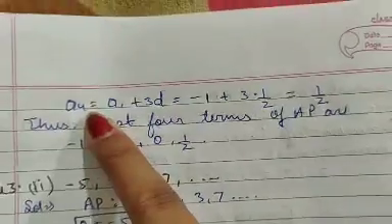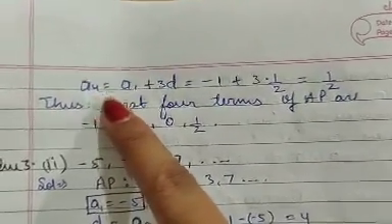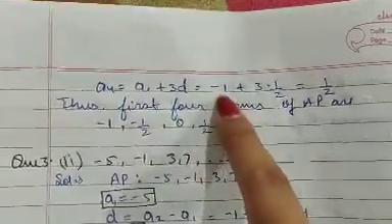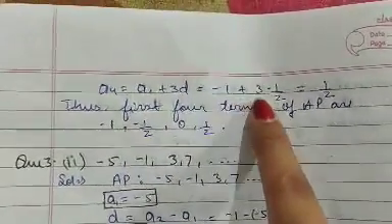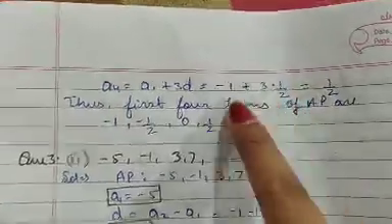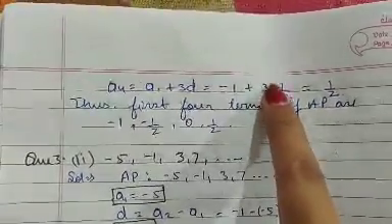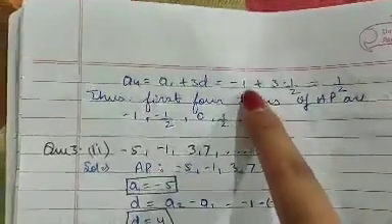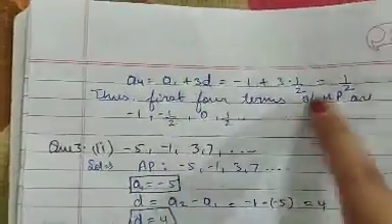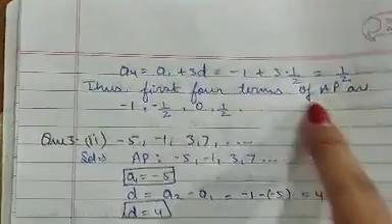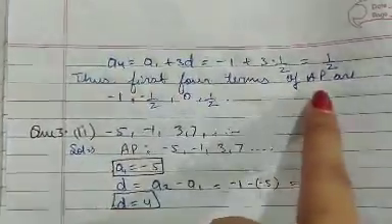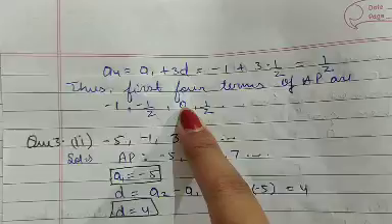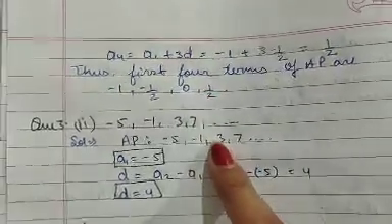Okay, and the fourth term for the same AP, A1 plus 3d, is equal to -1 plus 3 into the common difference, 1/2. So 3 into 1/2 is 3/2, plus -1. By taking LCM, it is -2 plus 3 upon 2, which will give us 1/2. Okay, thus the first 4 terms of the AP are -1, -1/2, the third term is 0, and the fourth term is 1/2.